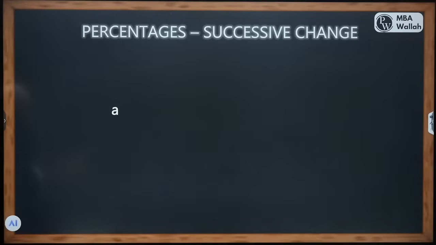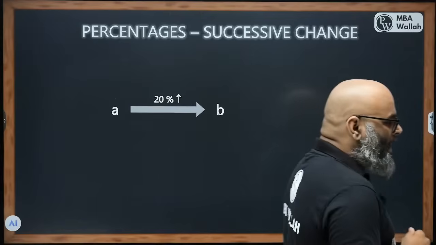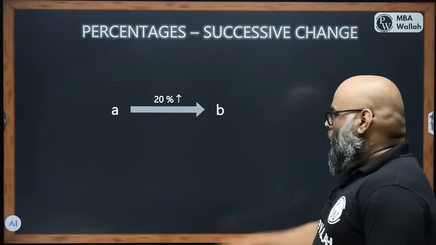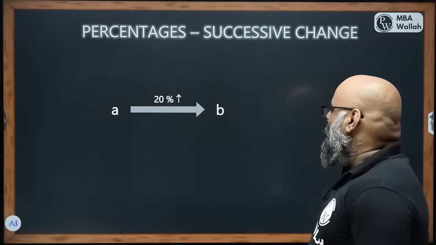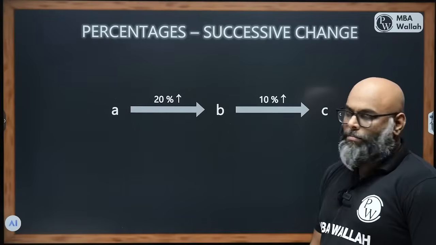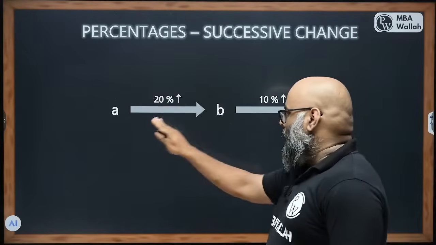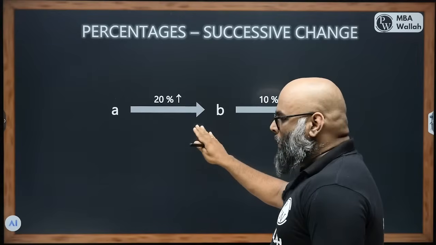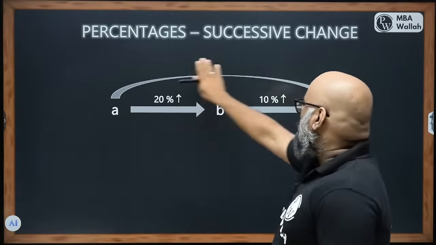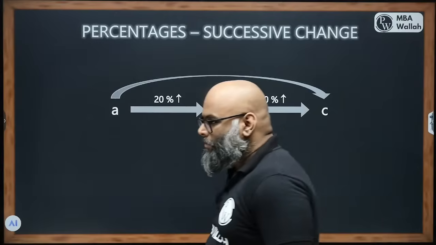Let's say there is a value called A, and this value I'm going to increase it by 20%, and that becomes B. Now B, I'm going to increase it by another 10%, and that value becomes C. Now the question is, instead of going from A to B as 20% increase and B to C as 10% increase, if I decide to do straight A to C, how much percentage will be the increase?